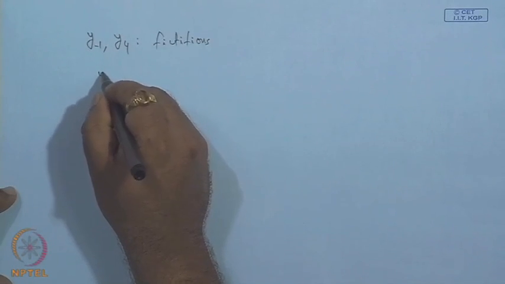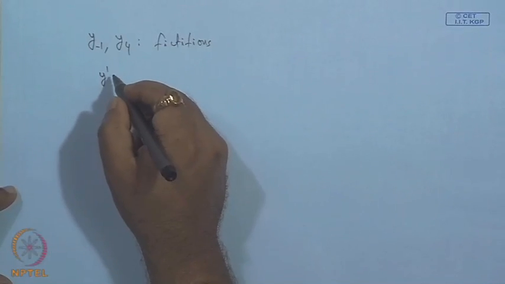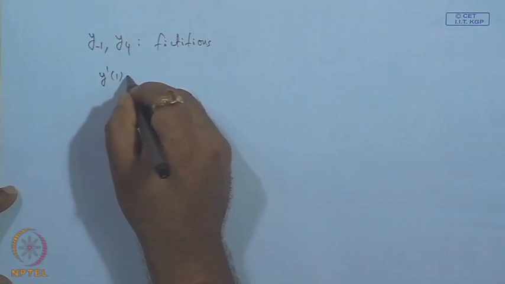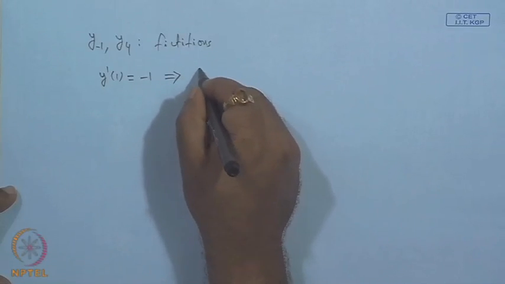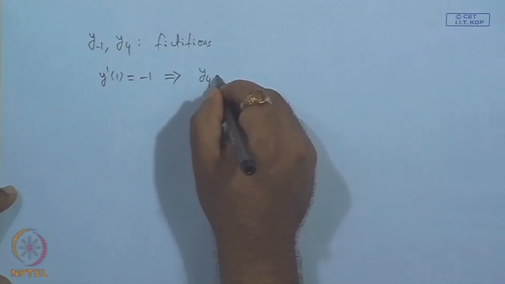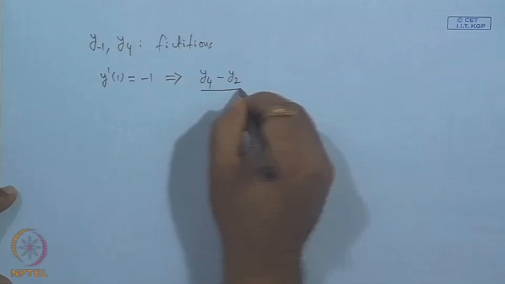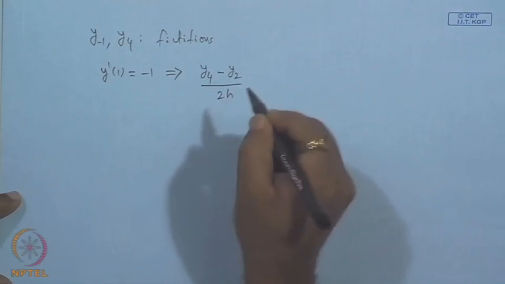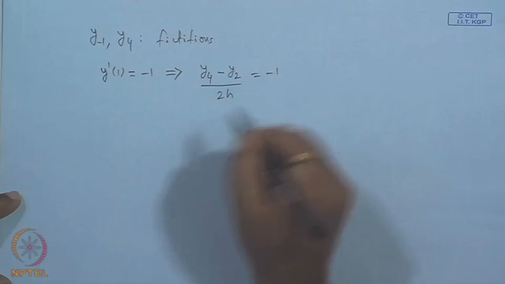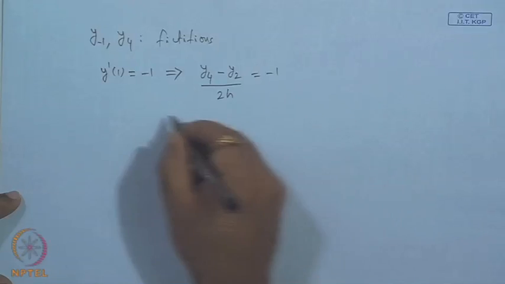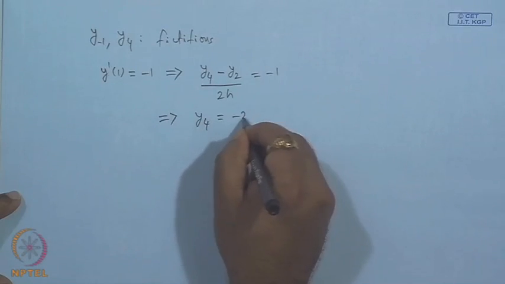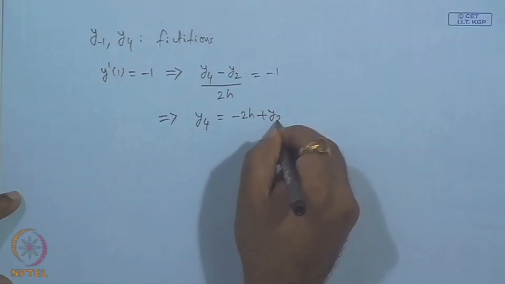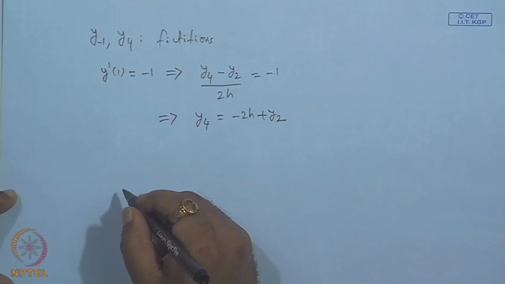Okay. Then we have y dashed of 1 is minus 1, this is y 4 by 2 by 2 h minus 1, this implies. Okay.